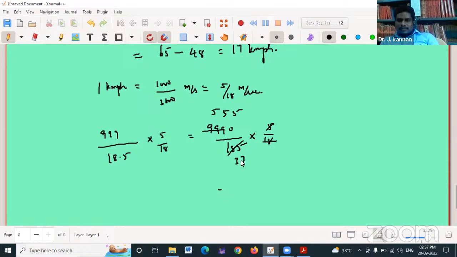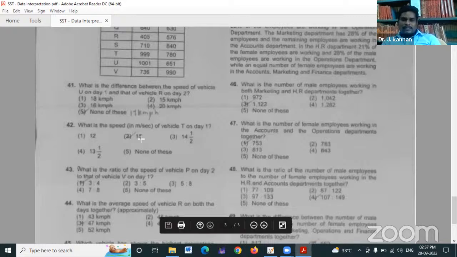So just 37, 555 divided by 37. So remaining is 185, which is exactly 5 times. So 15 meter per second. So as the second question, the answer is 15 meter per second.